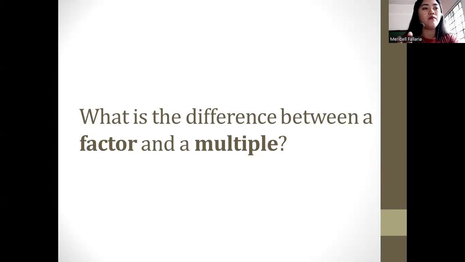A multiple is a number obtained by multiplying a number by another number. A factor is just like what we do in prime factorization, and multiples are the numbers that we use to get the specific number. I know that you know that.